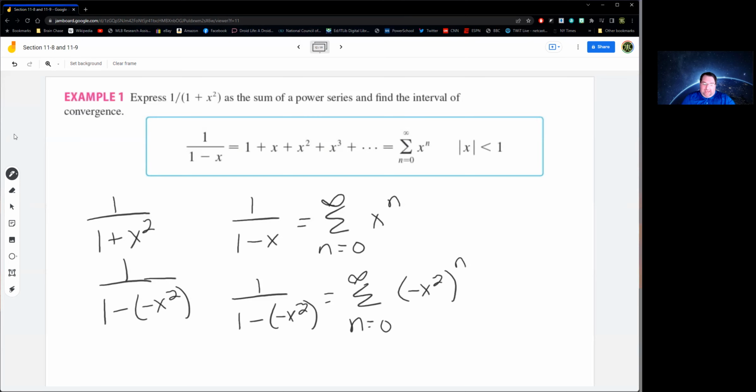As long as I can get this side into that format, I can modify this side as well in the same way. It's basically like doing a U substitution. That is changing that, so that has to change to that. Does that step make sense?